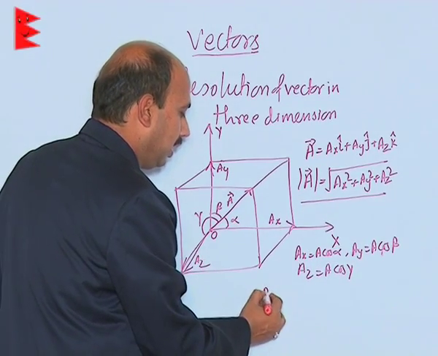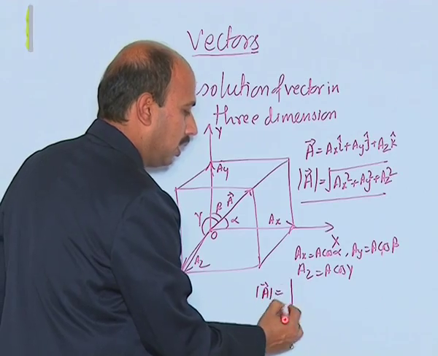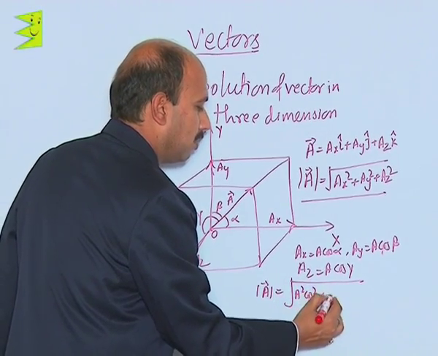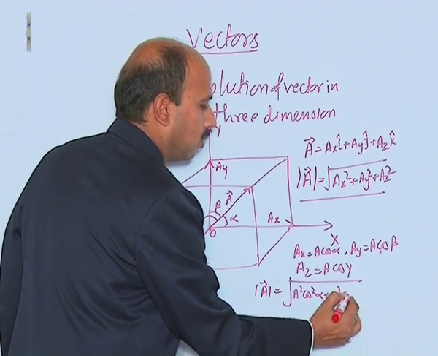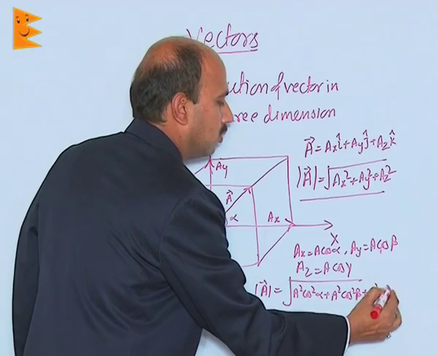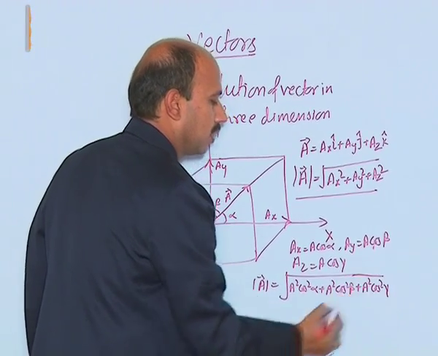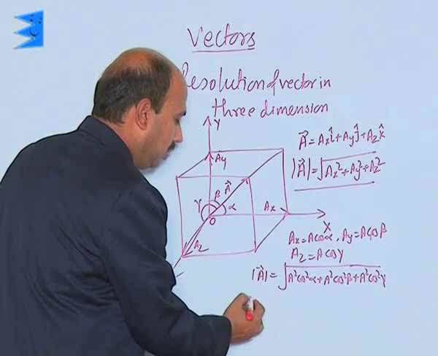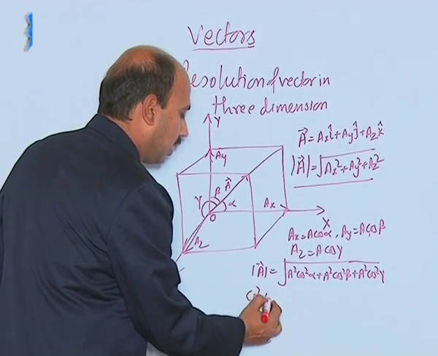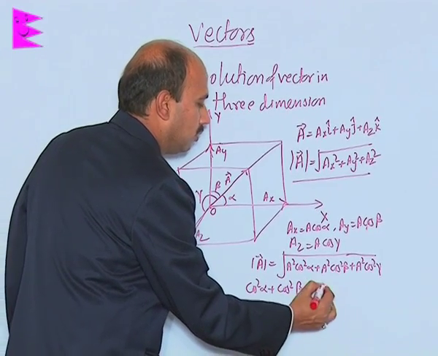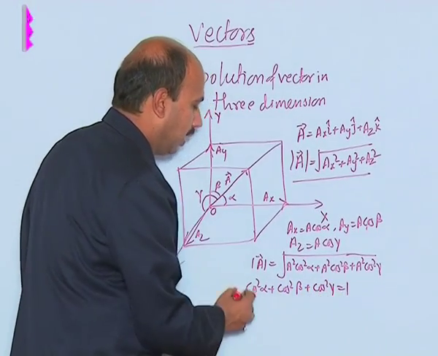You will be getting A is equal to under root of A square cos square alpha plus A square cos square beta plus A square cos square gamma. Take A common and just solve it. Ultimately, you will be getting cos square alpha plus cos square beta plus cos square gamma is equal to 1.